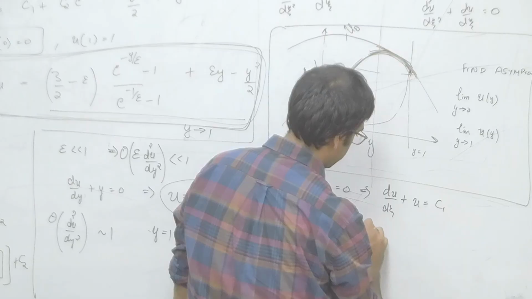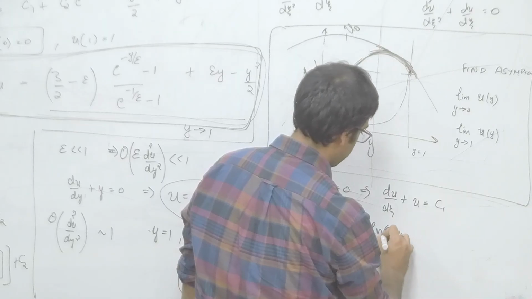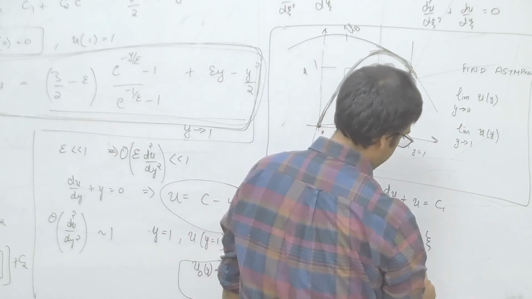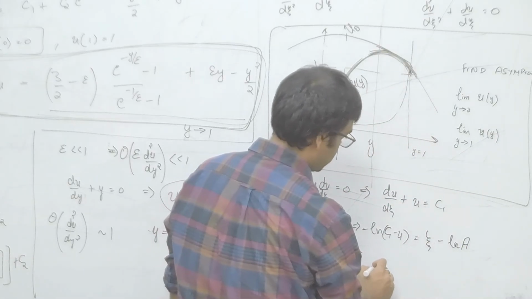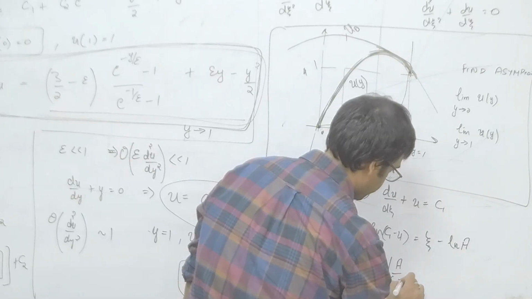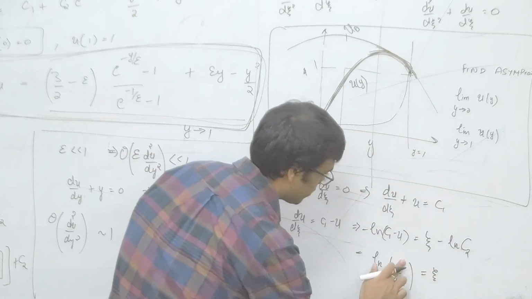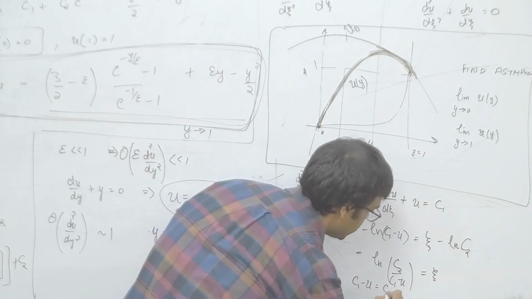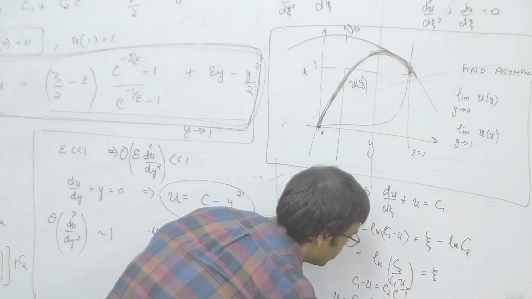So, we get minus log of c1 minus u equals c minus some log of constant a, and if I call this some constant c2, let us write. So, this gives me c1 minus u is c2 times e to the power minus c. So, u is simply c1 minus c2 e to the power minus c.